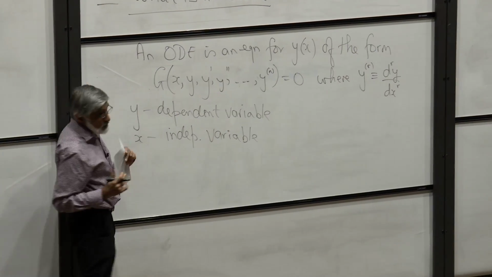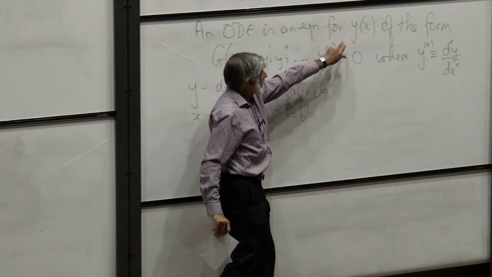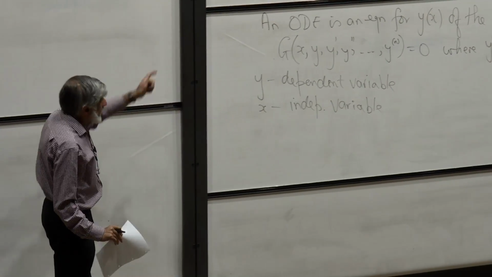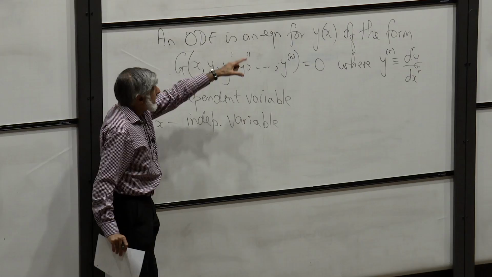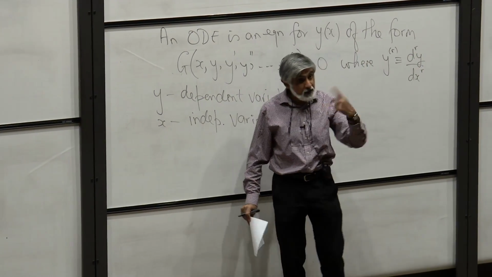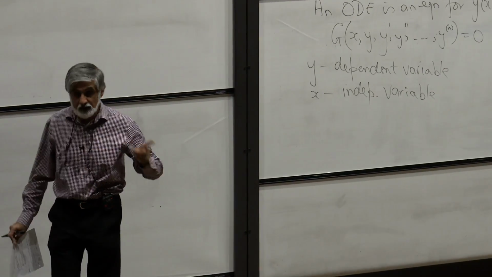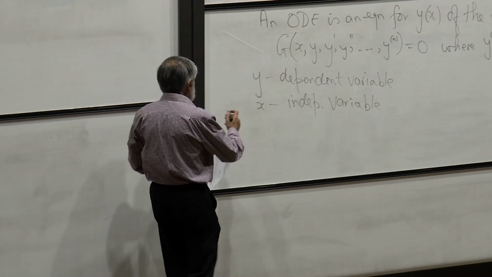That means you can choose x to be whatever you want, and then y is y of x. It's given. Here, of course, this only makes sense if these derivatives exist. So we're assuming that you can differentiate this function up to n times.